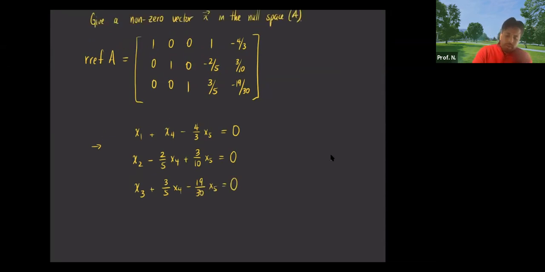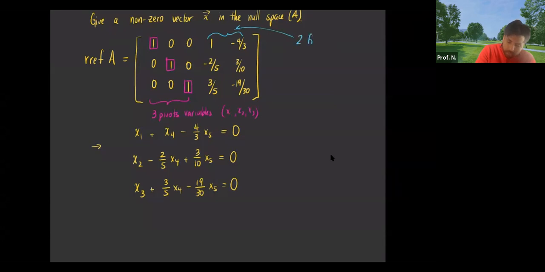Do you see that? And what do I notice? What should you immediately notice? 3 pivots. And what are the pivot variables? x1, x2, x3. What are the free variables?